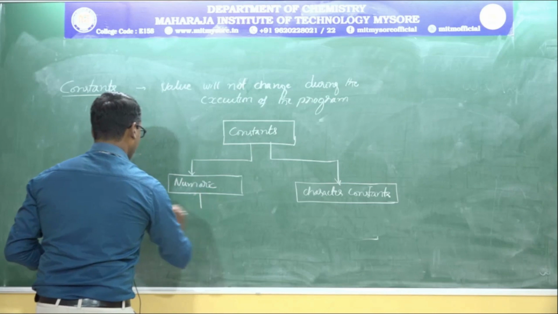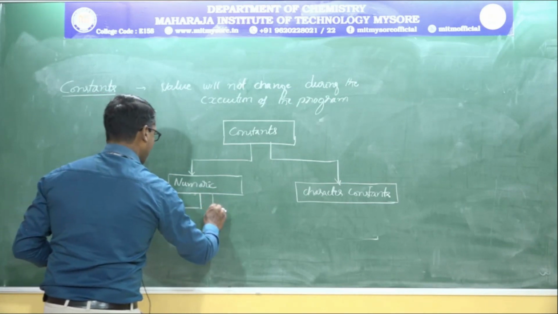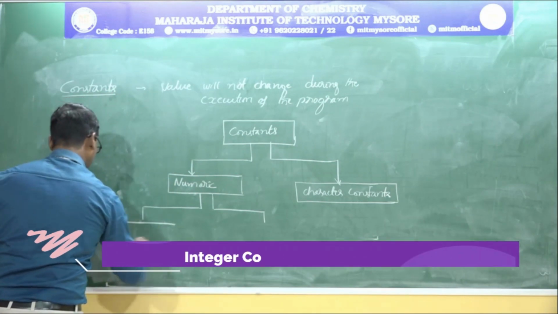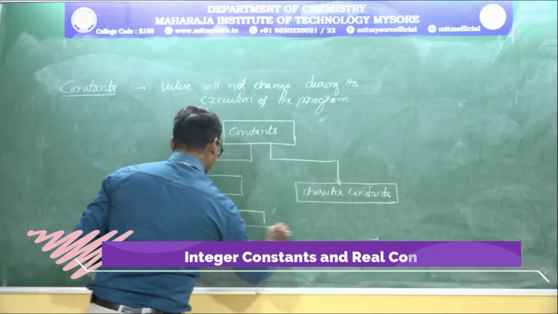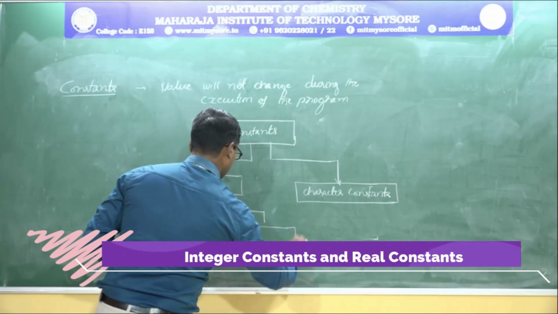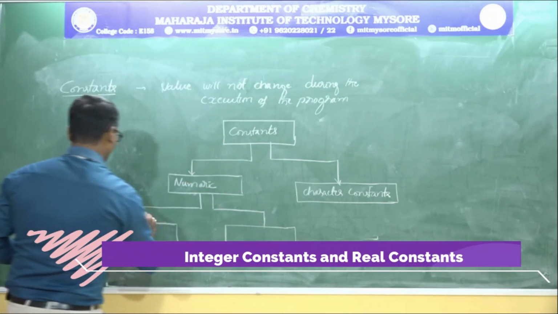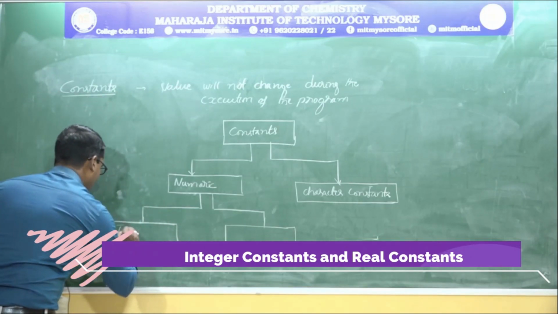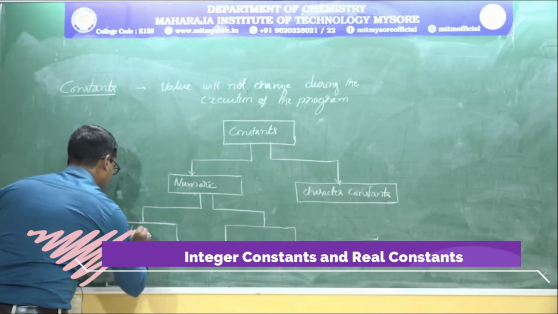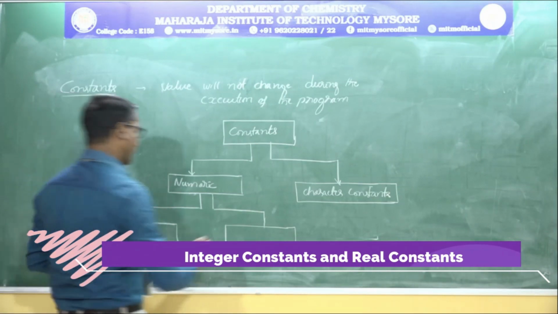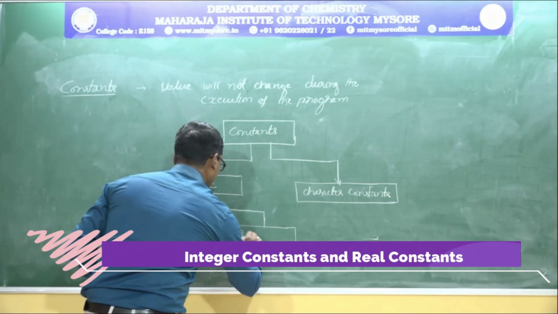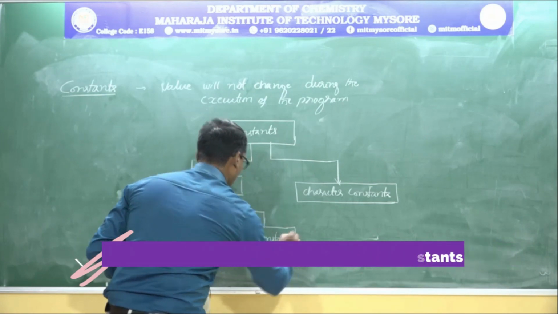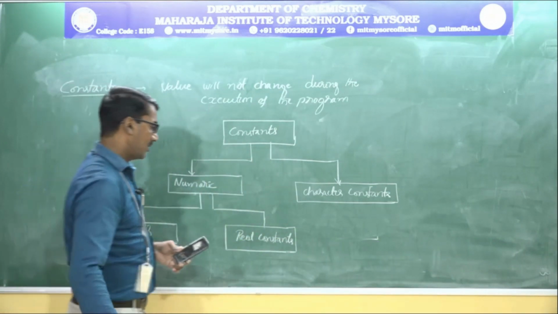The numeric constants are subcategorized into two categories: integer constants and real constants.